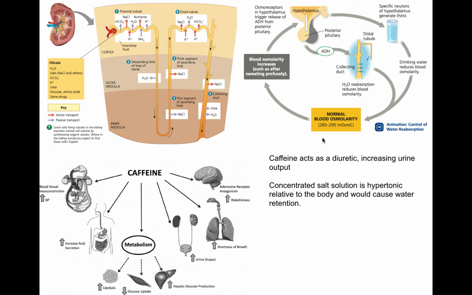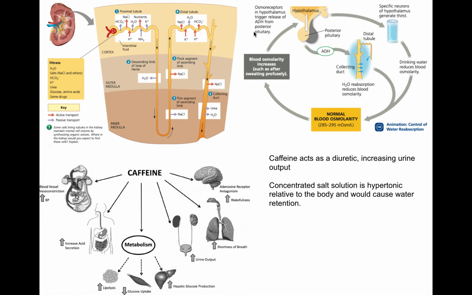Now with the salt solution, this goes into the osmoregulation pathway. So you will have blood osmolarity increasing, such as if you sweat profusely or if you gulp down a salt solution. Osmoreceptors in the hypothalamus will trigger the release of ADH from the posterior pituitary gland.